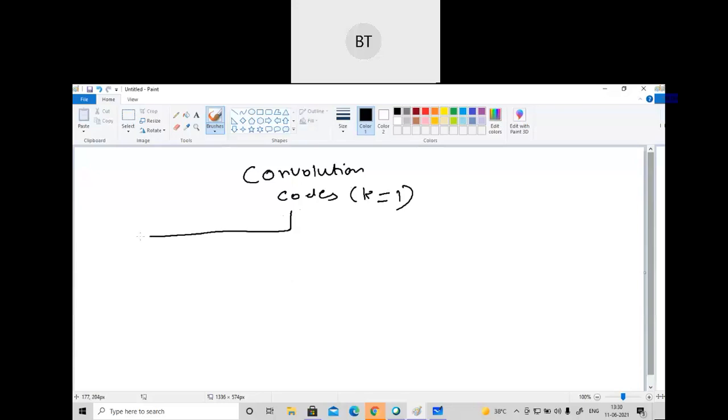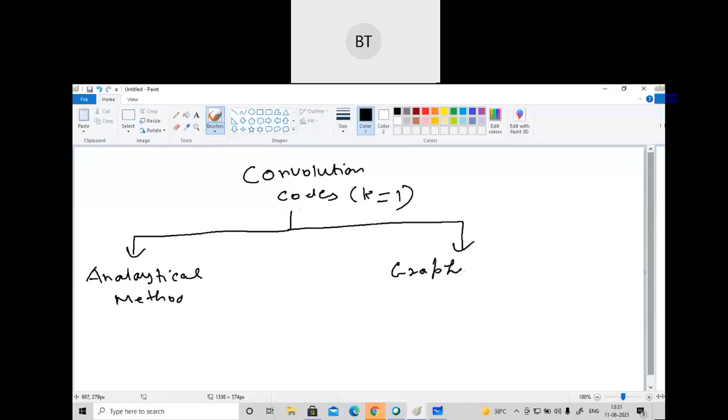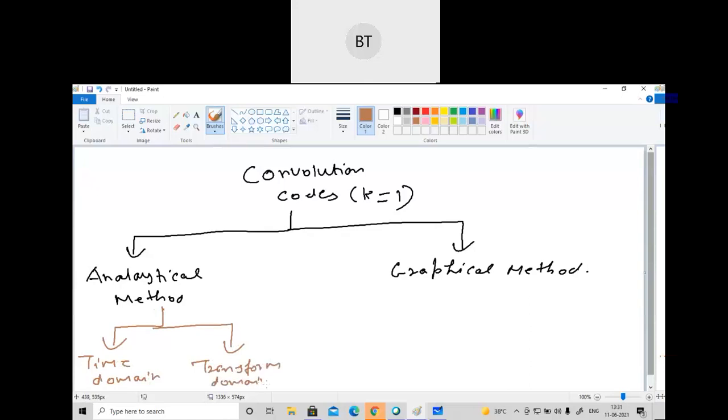In the analytical method, you will see two things: time domain and transform domain. In the graphical method, we are going to see three things.